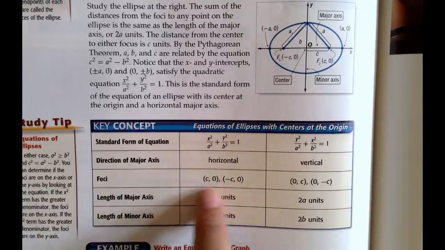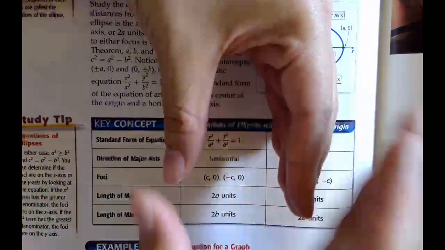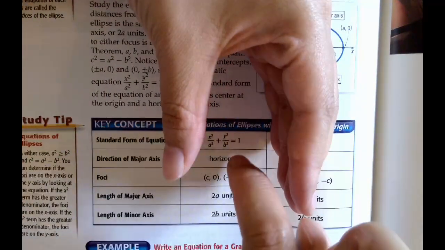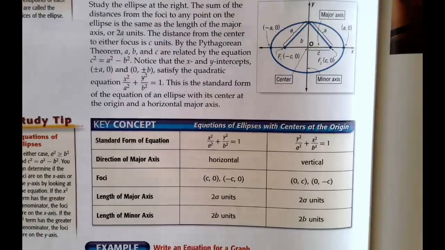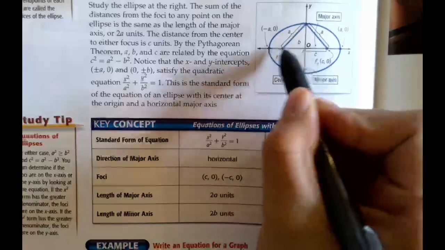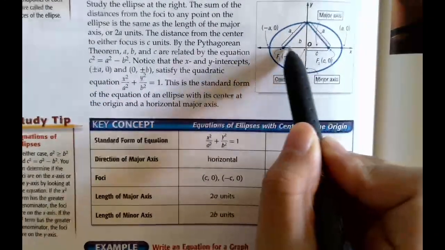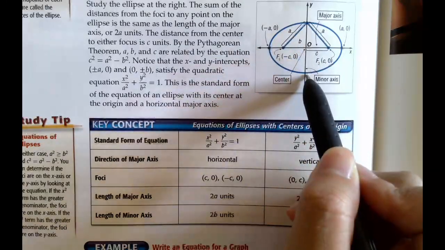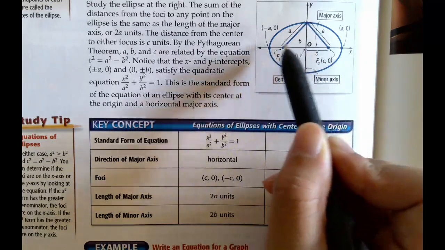If it's the other way, here is your major axis and your foci will be on it, and here's your center, so it will affect the y value of your foci, which is why you see that here. So it's quite easy to graph. Start at the center, and then to get these four main points, you add a or subtract a, add b or subtract b. Then your foci would be to add c or subtract c.